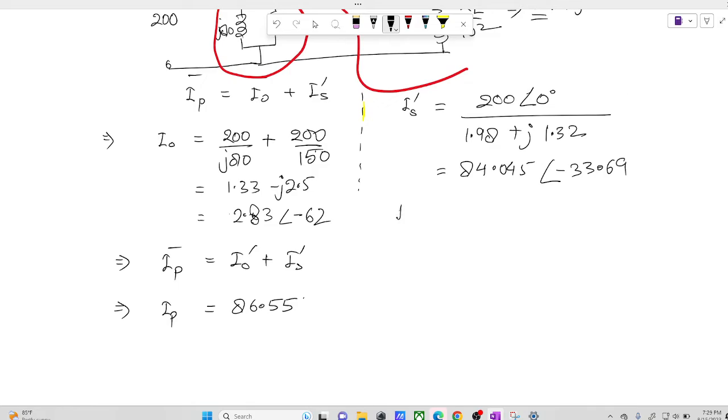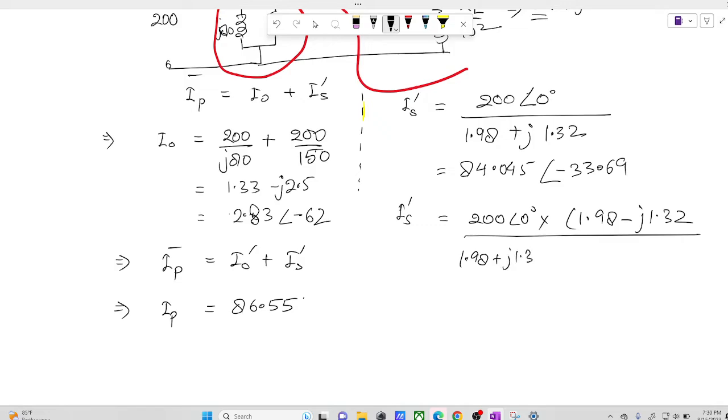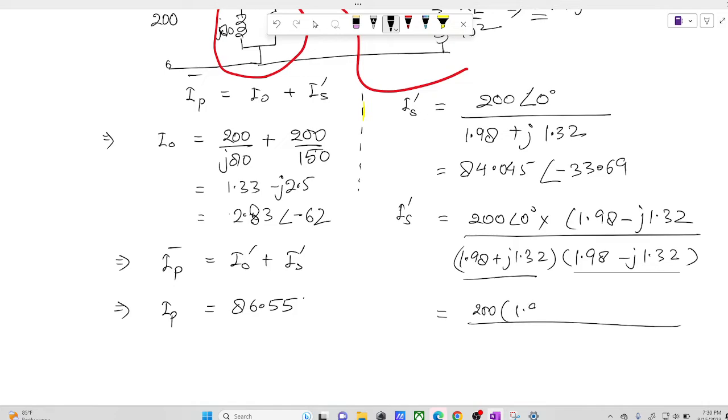This can be rationalized as I_s dash equals 200 angle 0 into (1.98 minus j1.32) upon (1.98 plus j1.32) into (1.98 minus j1.32). It is a plus jb and this is a minus jb, so this will become a square plus b square. So 200 times (1.98 minus j1.32) upon 1.98 whole square plus 1.32 whole square.